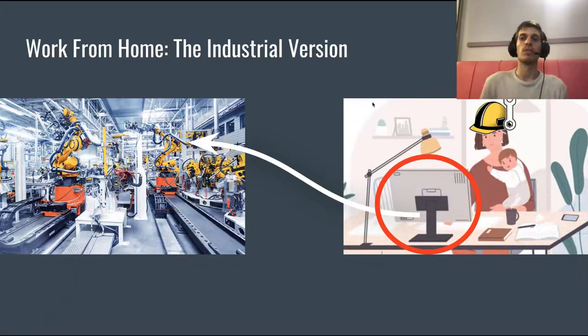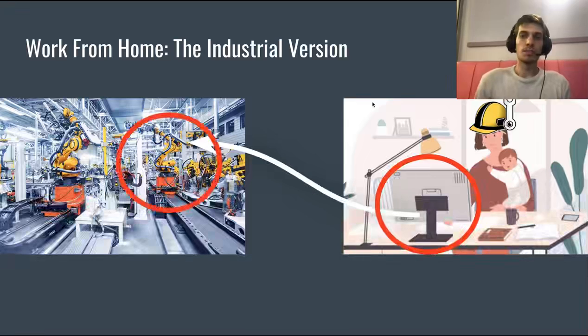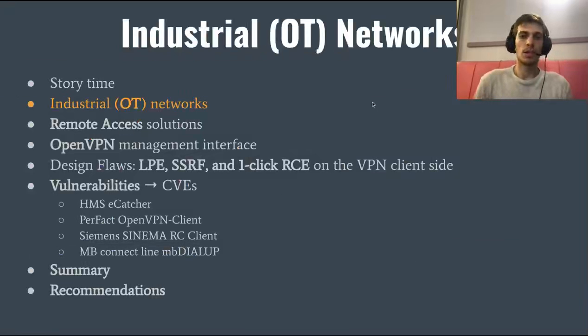So we focused on the computer or the client side, and we poked different industrial remote access clients to find vulnerabilities in them. So that's the background on the research, or why we started it.